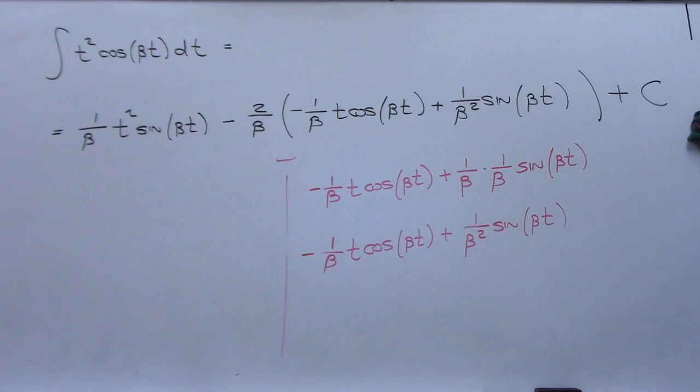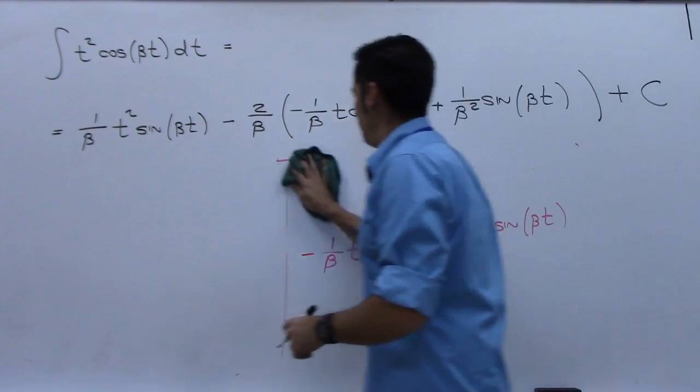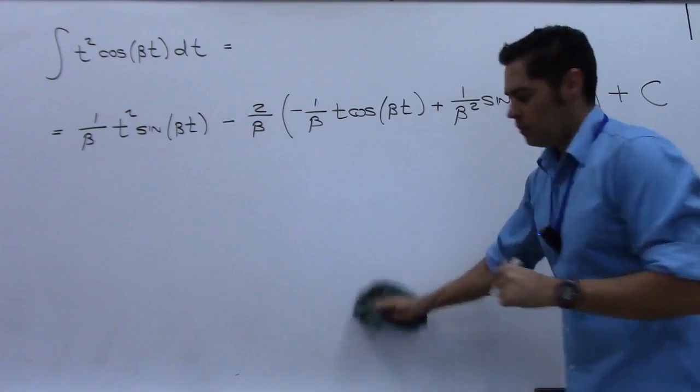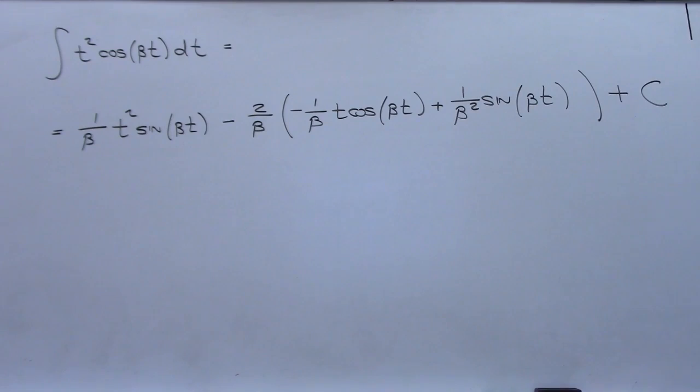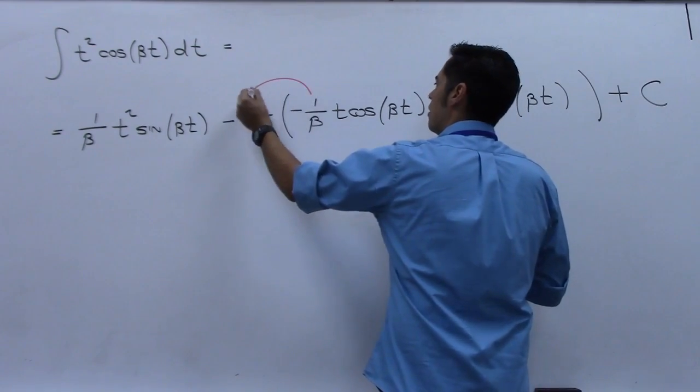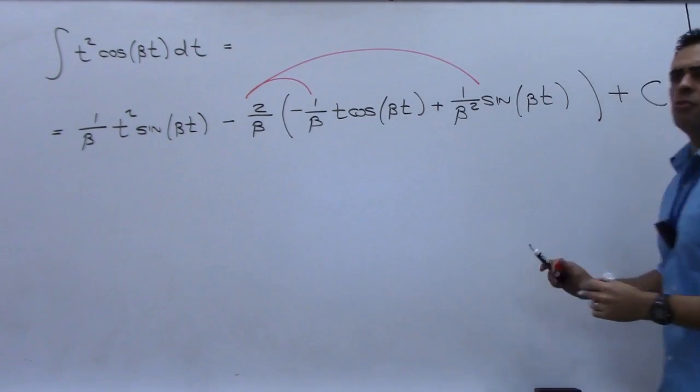Plus C. Now we're going to clean that up. I'm not going to leave that. I'm going to distribute it through. But we're almost there. So when I pass this negative 2 over beta, it's going to go to here and here, right? Because there's two terms there.